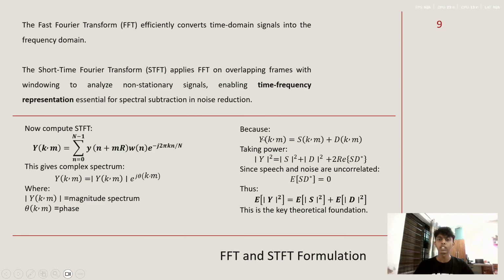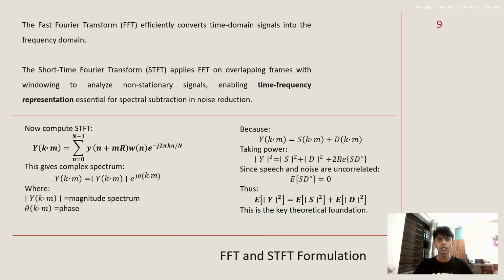Now we have the equation, which is the Fourier transform of the audio signal equals the Fourier transform of the speech signal plus the disturbance. Now we find the power of this, that is, we find the magnitude of it, which gives mod Y squared equals mod S squared plus mod D squared plus 2 times real part of S D conjugate.